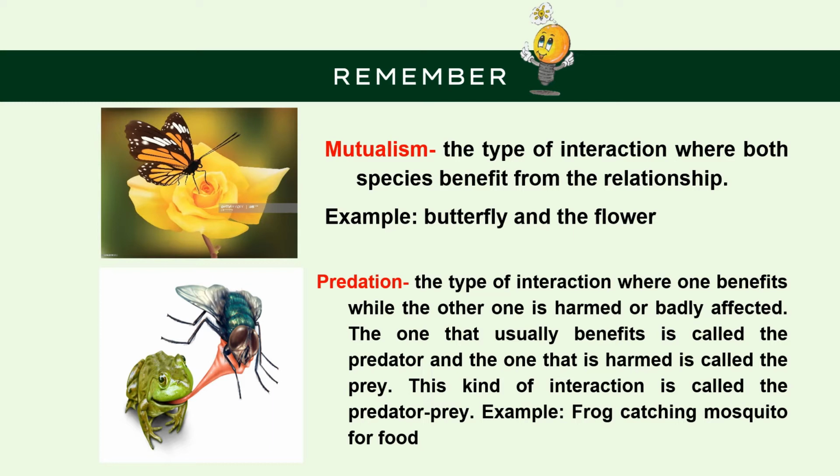The one that usually benefits is called the predator, and the one that is harmed is called the prey. This kind of interaction is called the predator-prey. Example, frog catching mosquito for food.